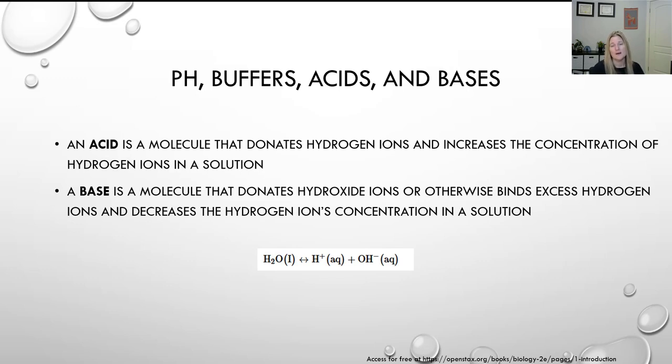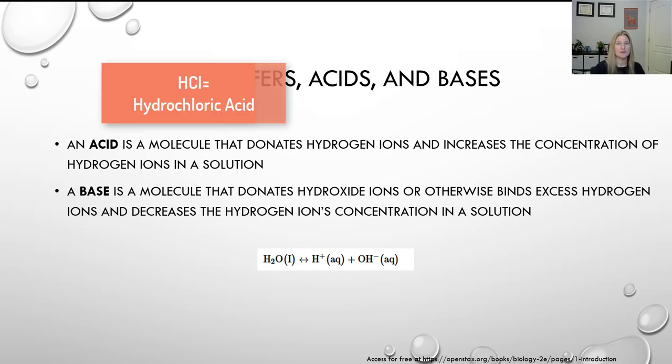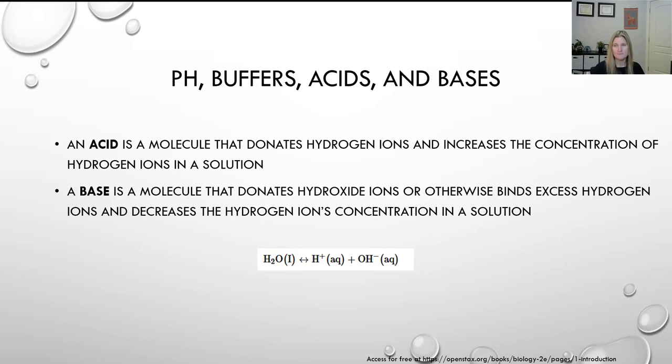So when we have anything that's acid, so HCl, hydrochloric acid, when we place HCl into water, for example, it's going to donate hydrogen ions to that solution, that water plus the HCl, which increases the amount of hydrogen ions in the solution, making it more acidic.